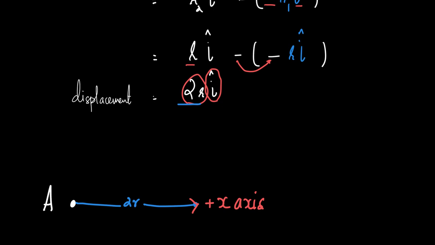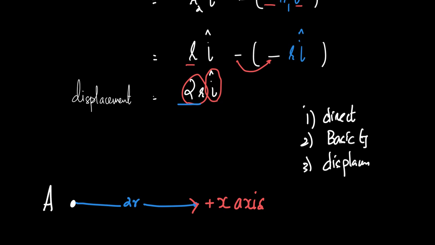Okay, so we solved it in three different ways, right? One was the direct approach. What was the second one? We calculated using the basic geometry of circles. And third one was using displacement. And for basic geometry, we found out distance, and using the vector approach, we found out the displacement.